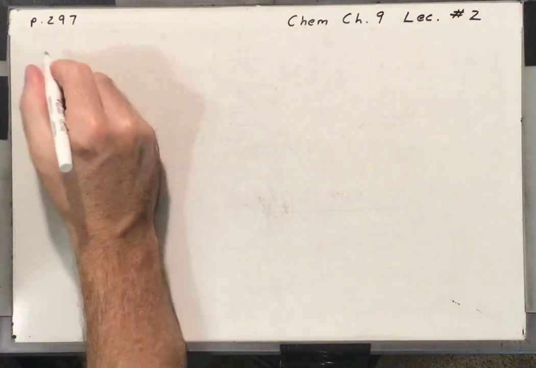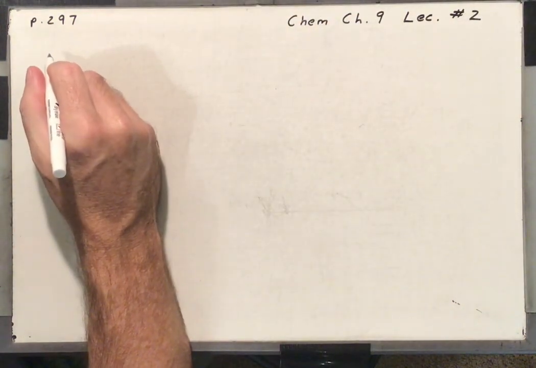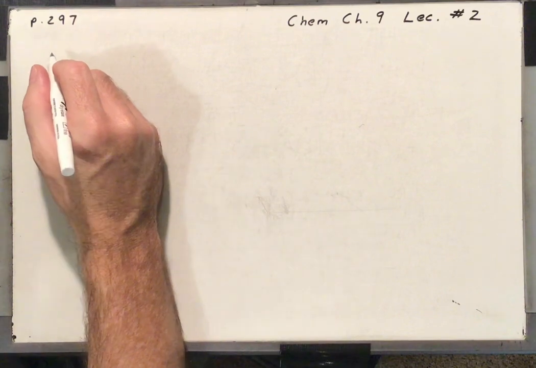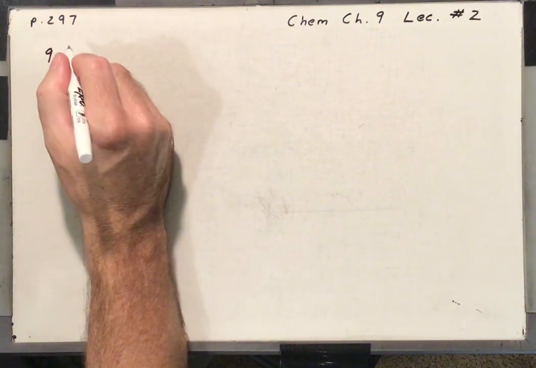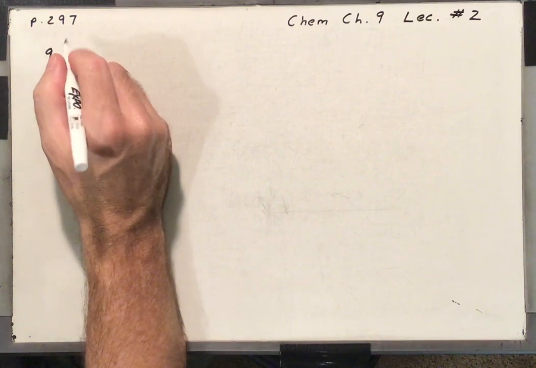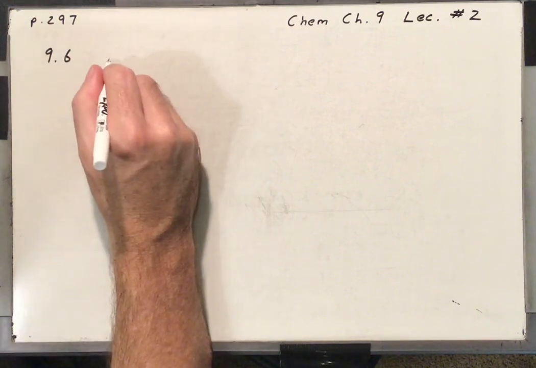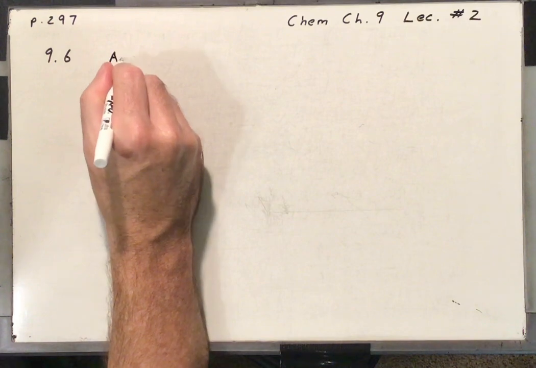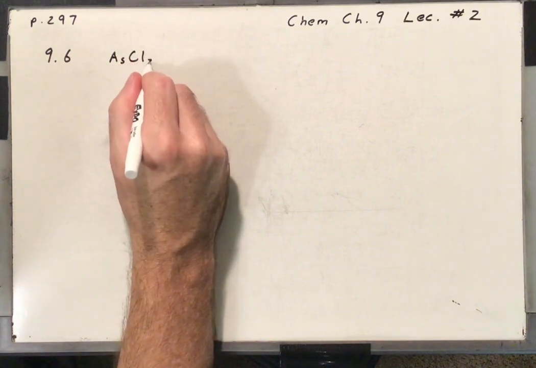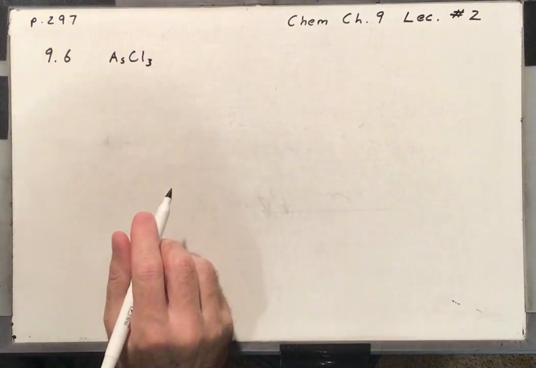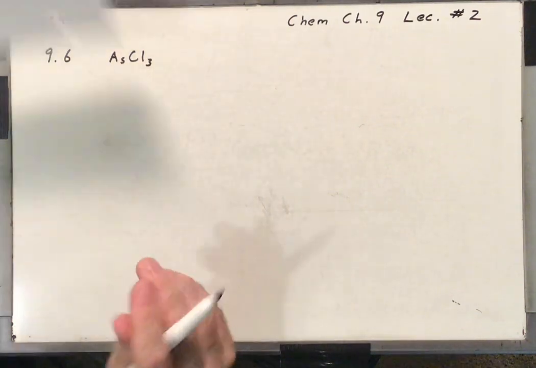All right, we'll just turn the page and we will go to 9.6. 9.6, we have arsenic trichloride, so that'd be AsCl3. Let's find arsenic.